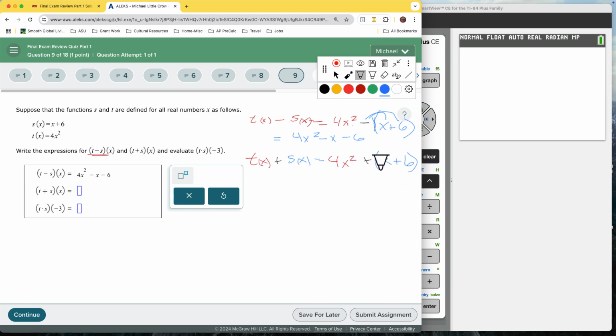Now this is thinking of it as a plus 1. When you distribute a 1 times anything, it's the same thing, so it's positive times positive. So nothing changing there. The final answer is just going to be 4x squared plus x plus 6.